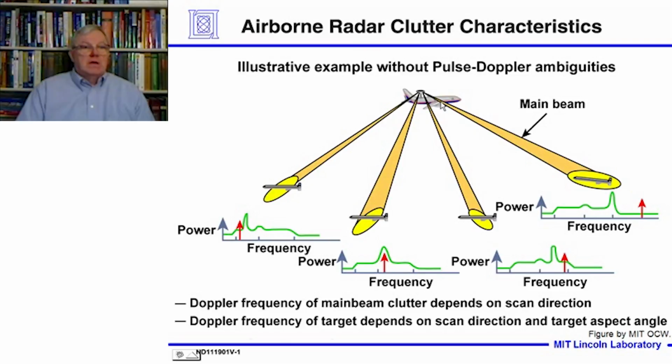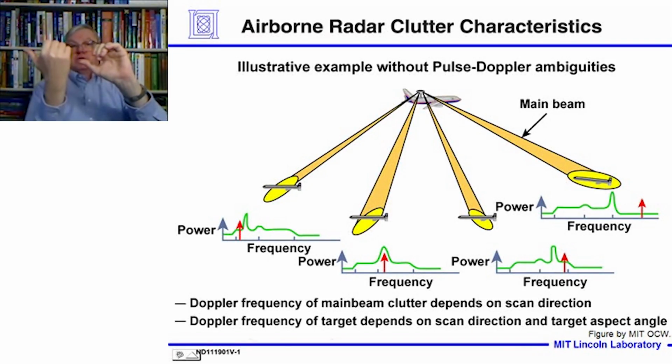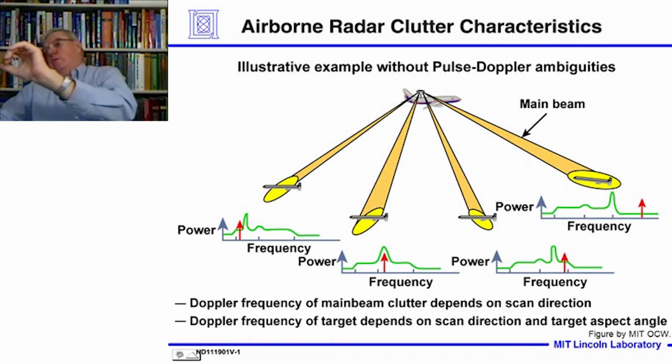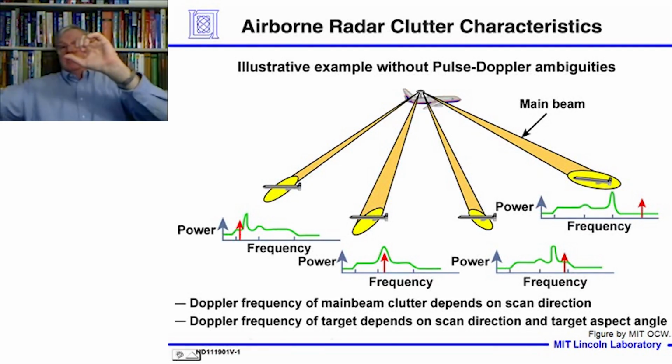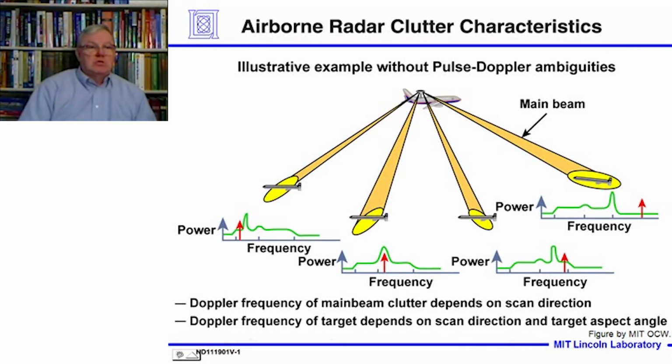Now, if the aircraft antenna is pointing its beam straight out, if the plane is moving this way and the target is moving this way, we're going to have a very different Doppler characteristic than if the target is moving away and the plane is going this way. Here they could potentially be moving at 0 Doppler, but here they're going to be moving at a very, very fast Doppler towards each other.